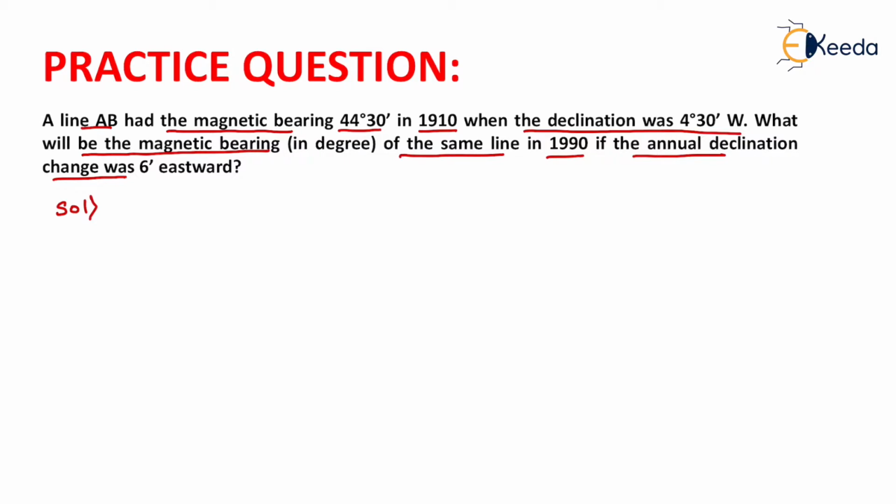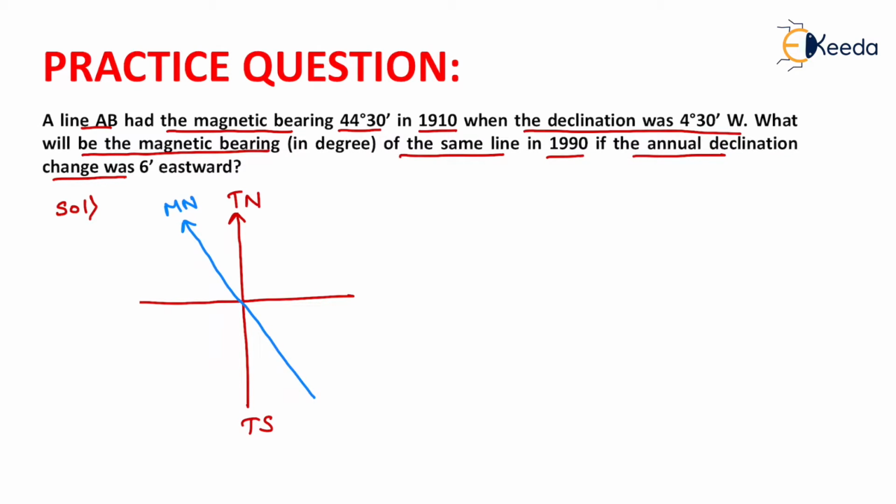In 1910, firstly we will need to mark the coordinate system, that is like this, that is true north, that is true south, and the declination is given as 4 degree 30 minute west. So the magnetic meridian will be like this, that is magnetic north, and that will be the magnetic south, and this angle will be given as 4 degree 30 minute, that will be the declination.